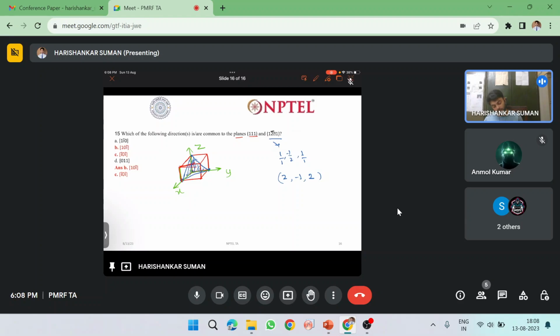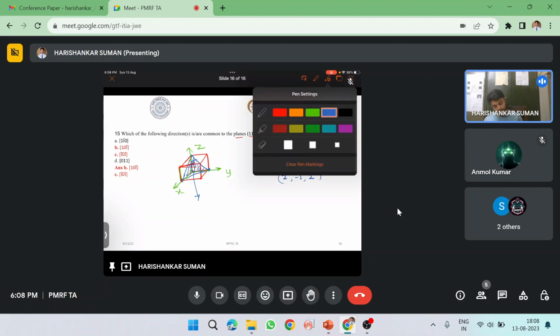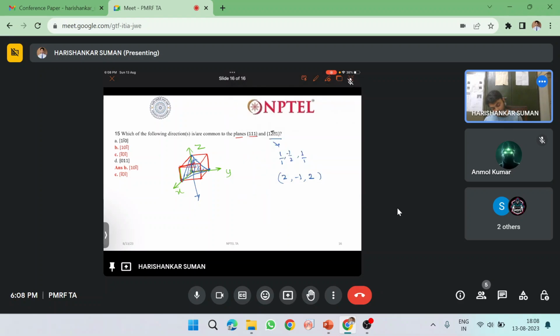So please draw this plane, and where is the direction of this plane? Perpendicular to this plane. Join this plane 0 to this perpendicular to this plane.